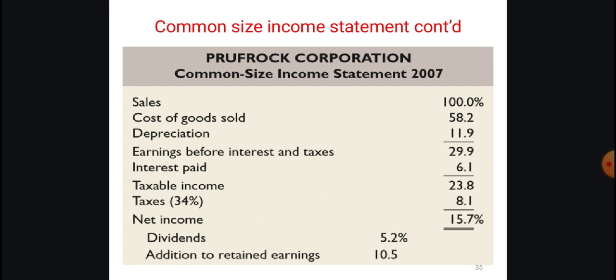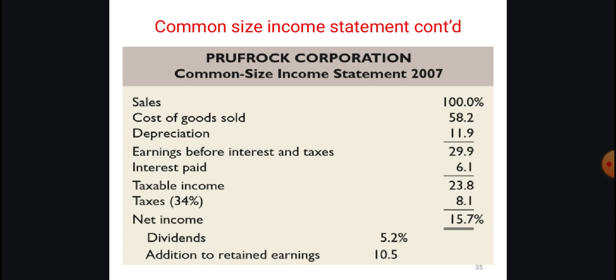Interest paid is 6.1% of total sales. So the difference is taxable income, which is 23.8%. The tax rate is 34%, and 34% of 23.8% is 8.1%. And this leaves the net income, which is 15.7% of the total sales.